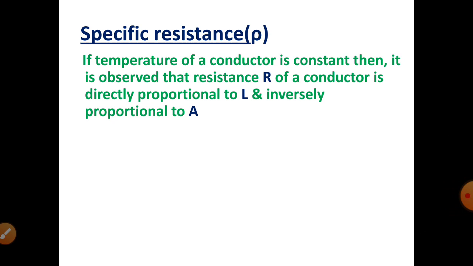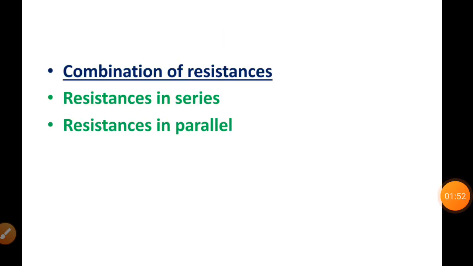Unit of specific resistance is ohm meter in SI system and ohm centimeter in CGS system. Now in this lecture we are going to see the combination of resistances. When resistances are connected in series or parallel, we find the effective resistance or resultant resistance of the combination.